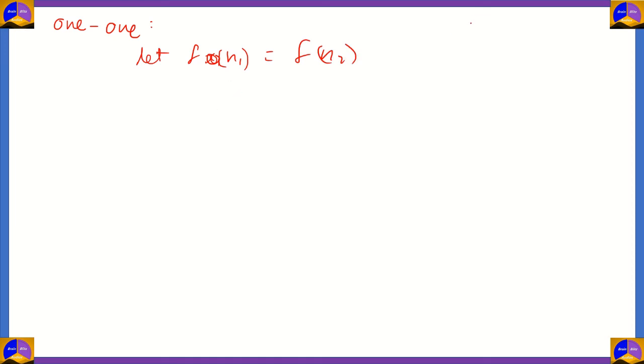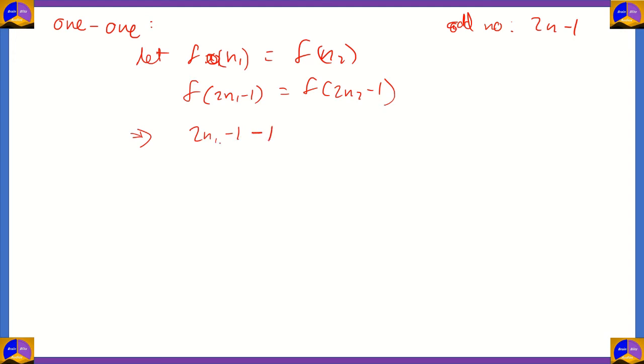Now let's consider f of n1 equals f of n2. An odd number can be written as 2n minus 1. So let n1 be written as 2 into n1 minus 1, and n2 be written as 2 into n2 minus 1. For an odd number, the function is n minus 1 by 2, so that means 2n1 minus 1 divided by 2 equals 2n2 minus 1 divided by 2.